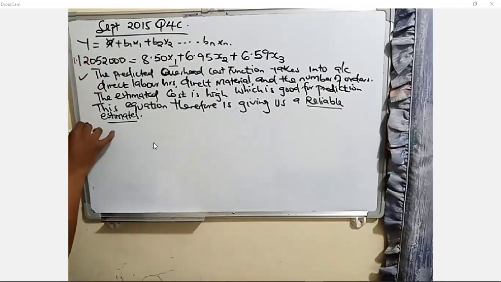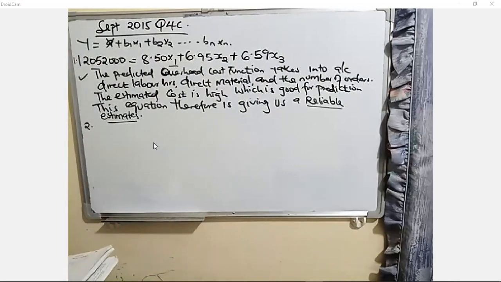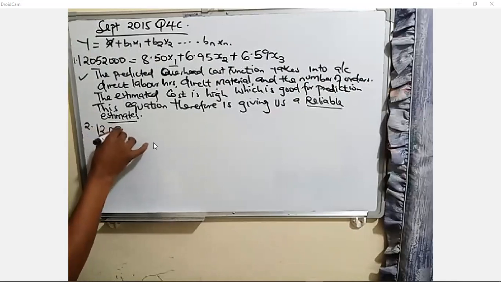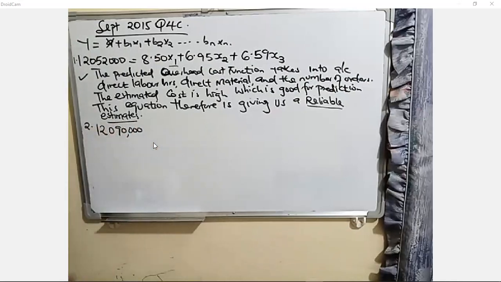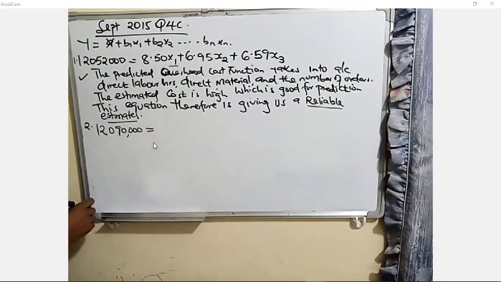When you go to equation 2, I will look at my y-intercept because we are given 4 regressions. So what we're supposed to be doing, I just go straight to the y-intercept and I will see my y is 12,090,000. We should be equal to, you can see we have the y-intercept there.